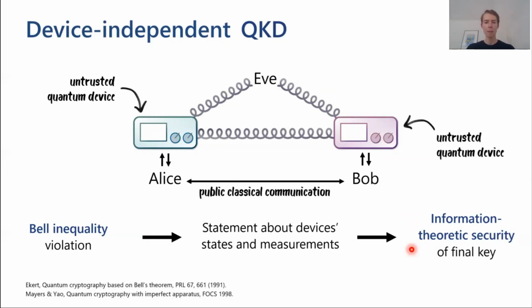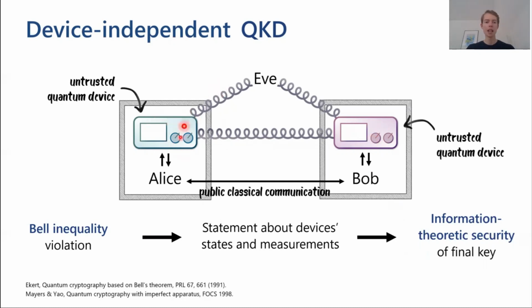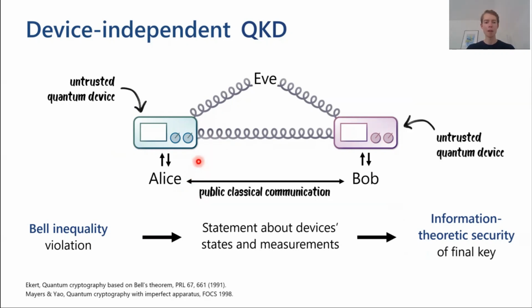Now, I want to stress here that even though this device is untrusted and it can share entanglement with the other device or with Eve, it can't communicate to the outside world. So we could draw boxes to highlight this fact, but we won't because the figure gets busy. We'll have the convention that whenever there is no explicit communication channel indicated, communication is forbidden.